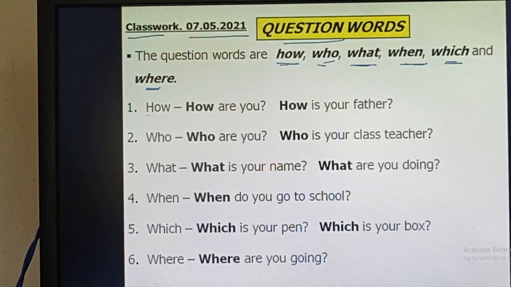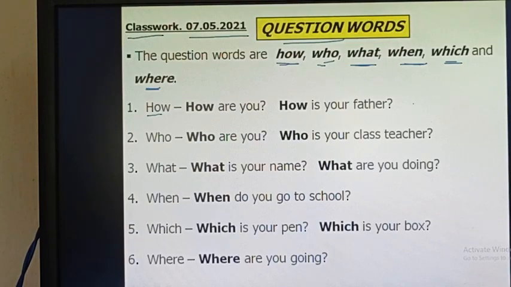How. So this question word how is used when we ask a question regarding the quality and the quantity. Quality means how are you, how is your father, how is your mother, how is your sister. Or quantity, how many friends you have, how many children you have, how many birds you have.